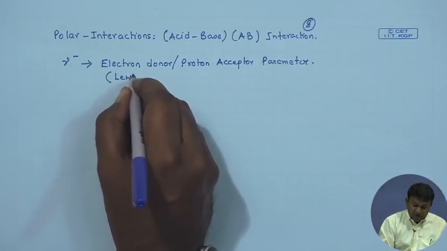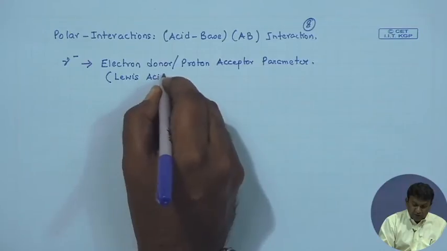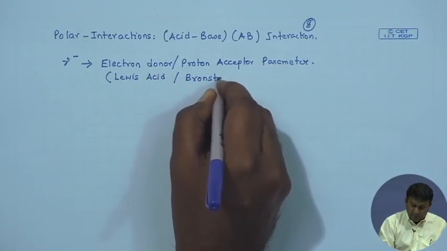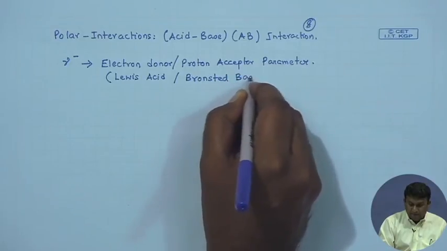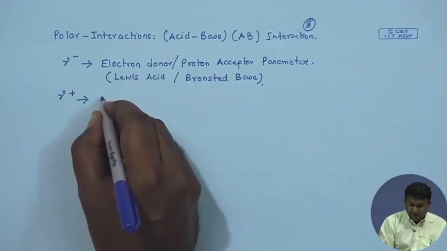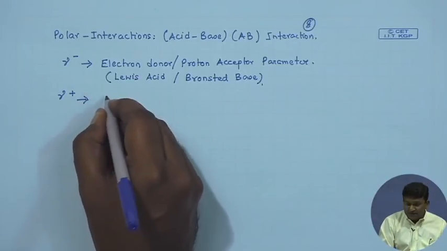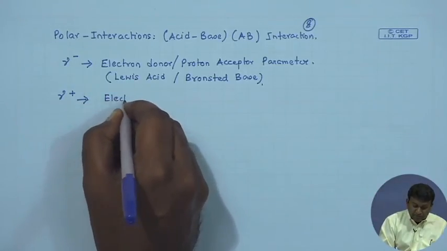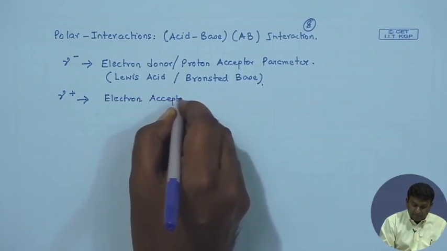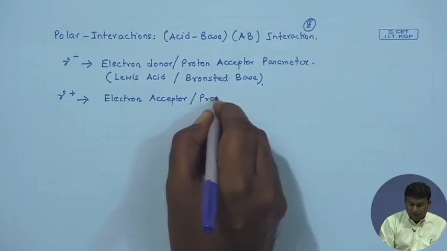So, this represents a Lewis base or a Bronsted acid... Similarly, gamma plus is the conjugate parameter, exactly the opposite: the electron acceptor, proton donor.